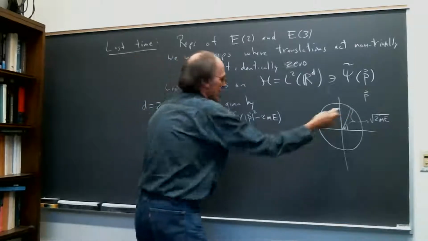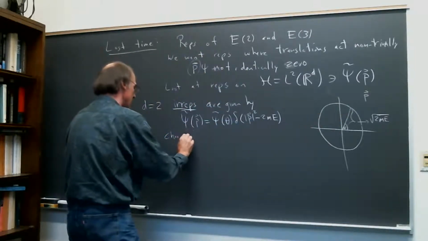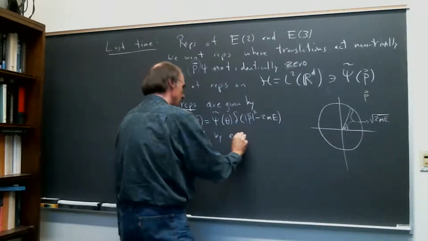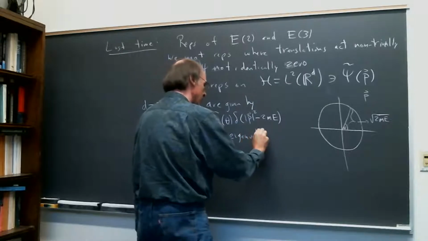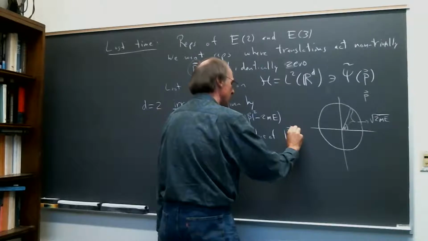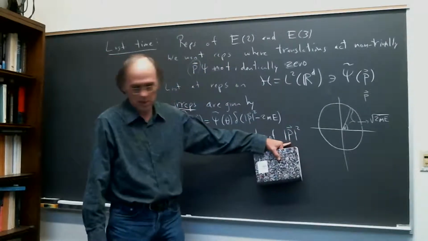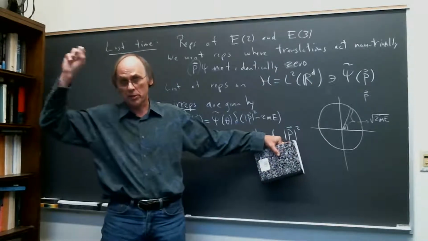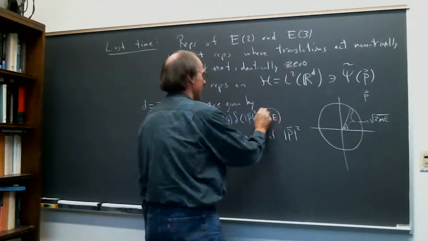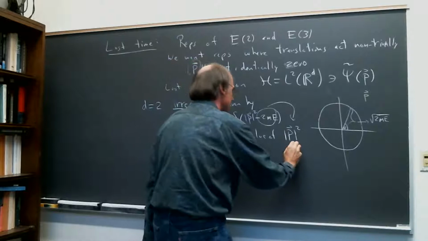These are characterized by the eigenvalue of this p vector squared, just the sum p1 squared plus p2 squared. And this is a Casimir.